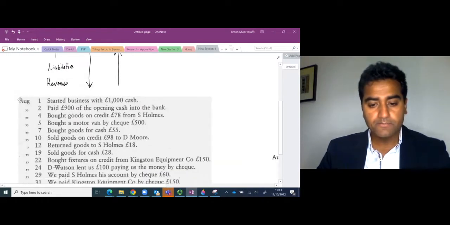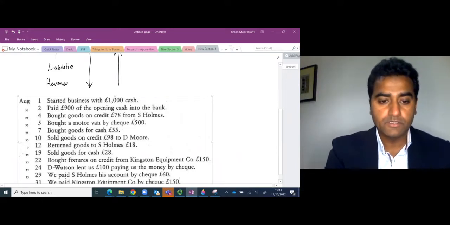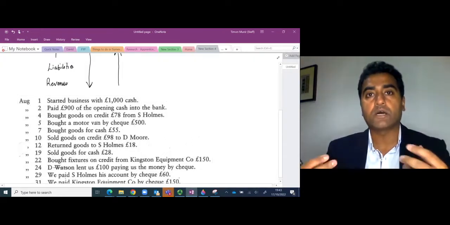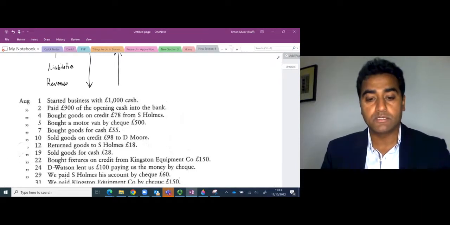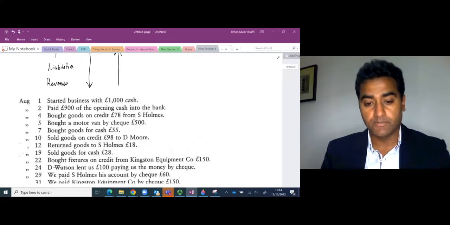So here's an activity. It tells me started business with cash £1,000. First of all, we need to identify the 2 things which are in this transaction. So this is a transaction, or you can call it a sentence. Out of this sentence, we need to draw a double entry.